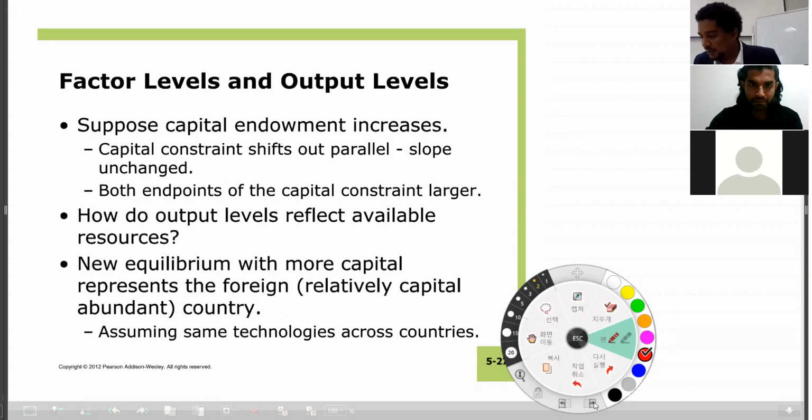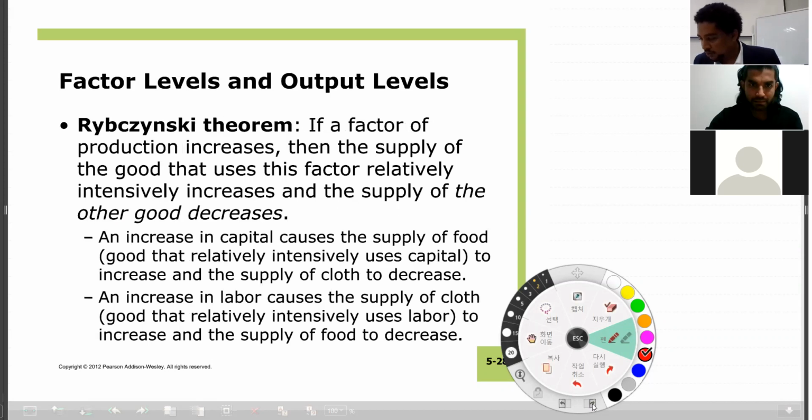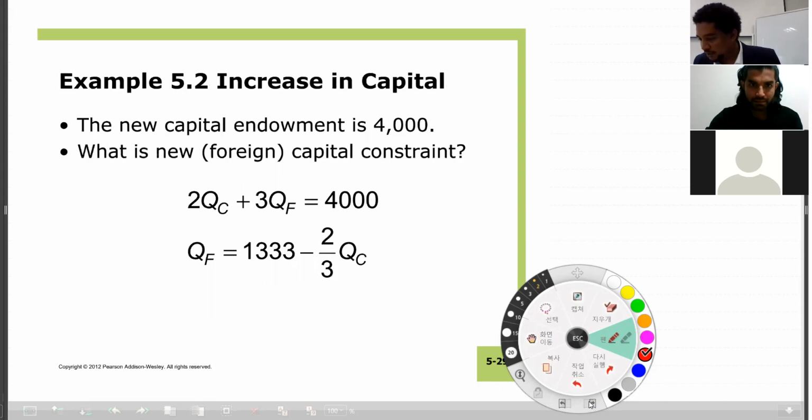Okay, so what is happening is I will show you one graph for this computation. So there was a new capital endowment. So capital was 3,000, right? In our previous example. Now I'm taking you back to the previous example, okay? I will not be using the Wacom because it is getting very busy.